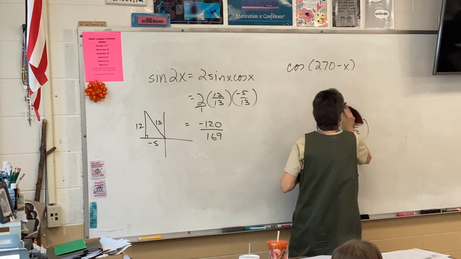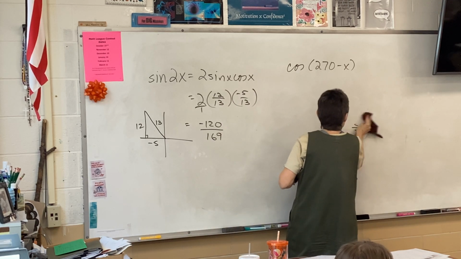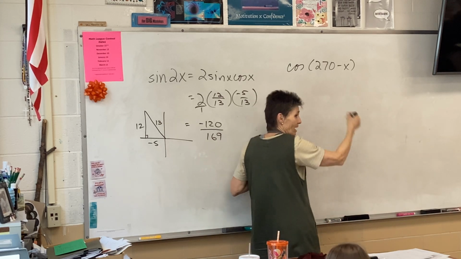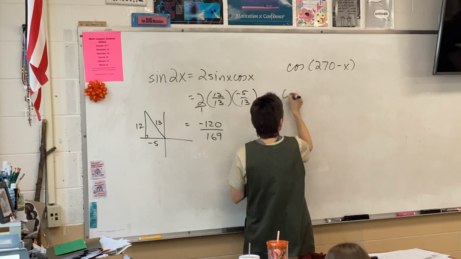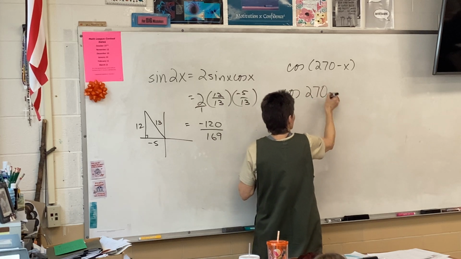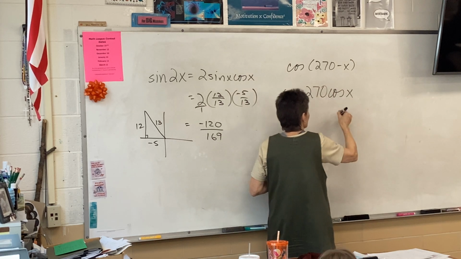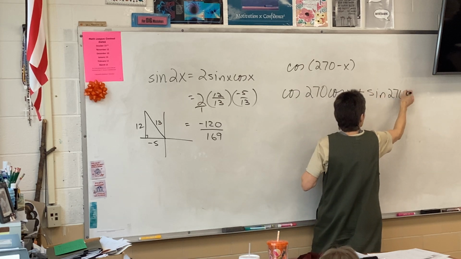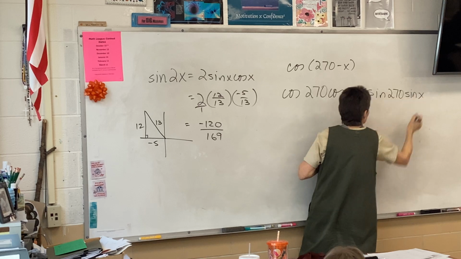So that will be cosine of u minus v or alpha minus beta, whatever I have there. So it's cosine of the first, cosine of the second, plus sine of the first, sine of the second.